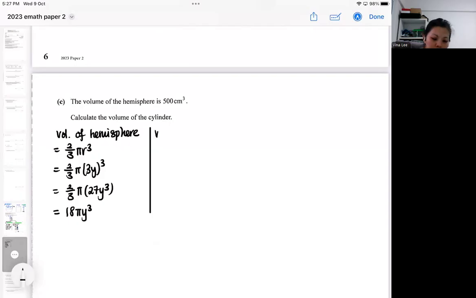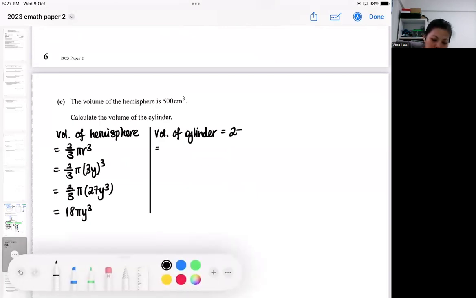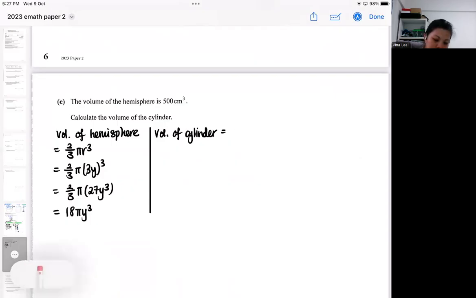Okay, and then I'm going to look at what is the volume of cylinder like. So they mentioned about these two volumes, so I'm just going to be simplifying my two volumes first. So this one will be pi r square h. So don't forget the correct radius will be 2y, and do not forget to square the 2, or else you'll make numerical mistake.